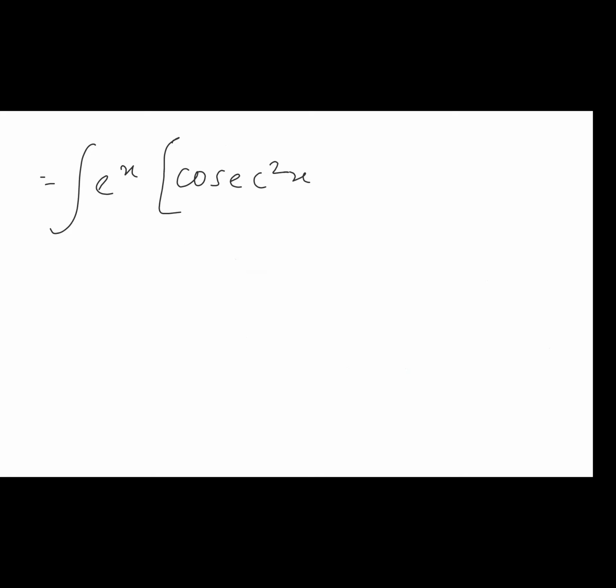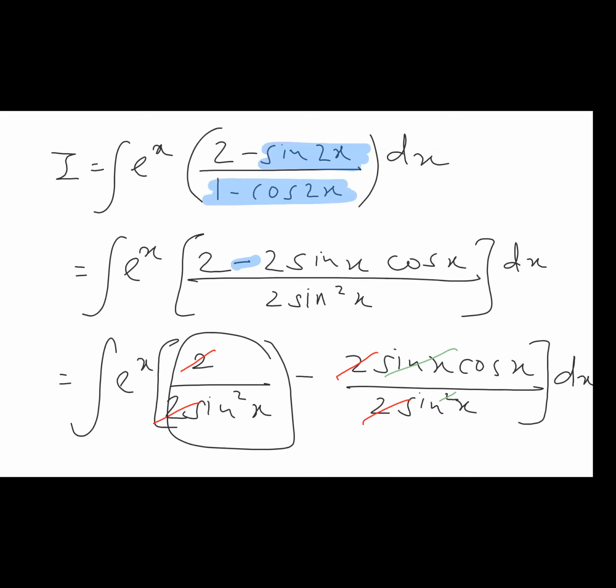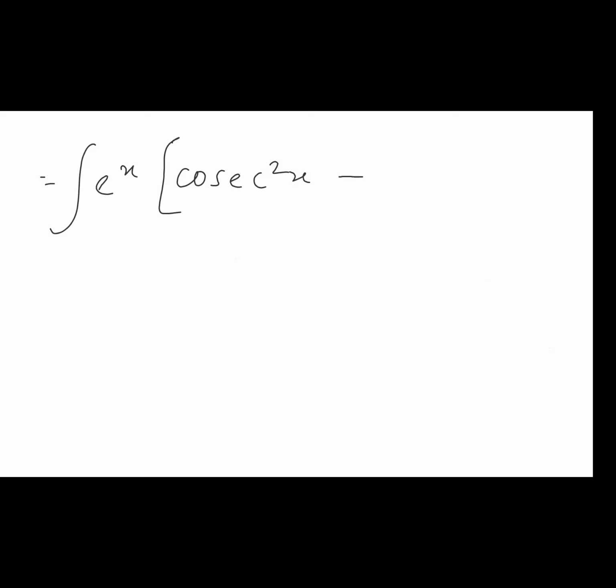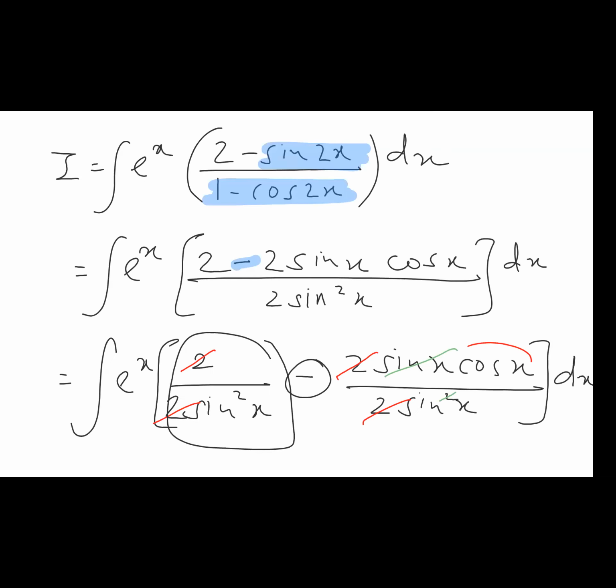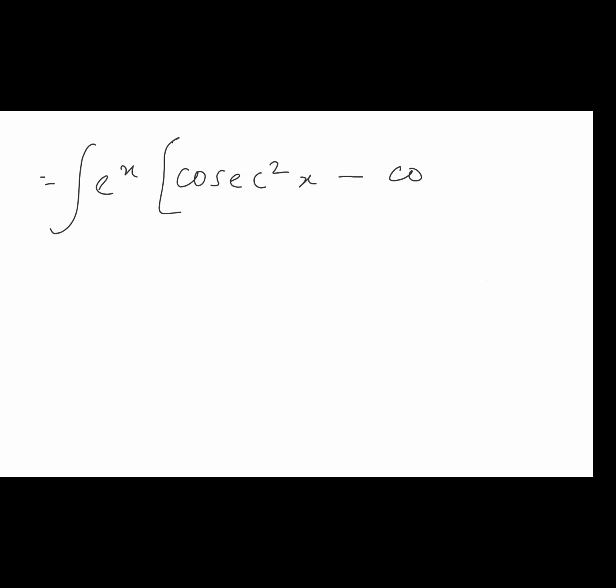There is a minus sign in between, so I'm putting a minus sign. Cos x upon sin x is cot x dx.